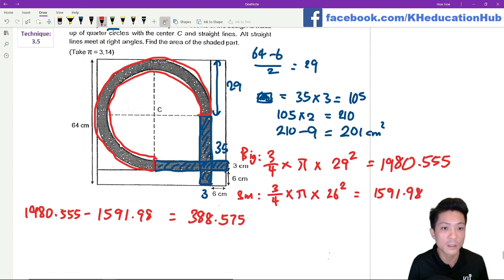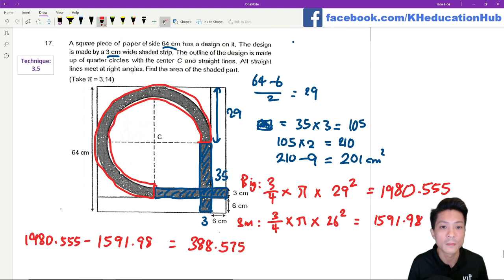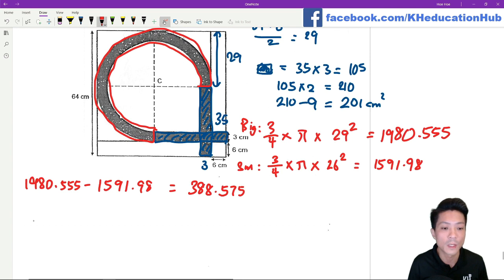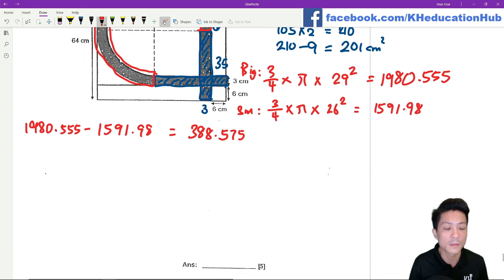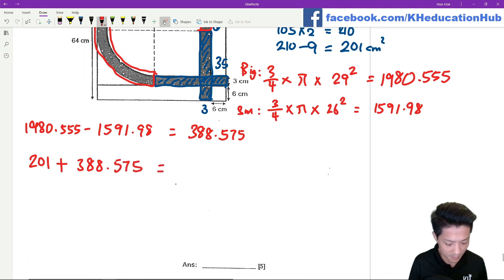So to find the area of the shaded parts, I'm going to use 201 plus 388.575. Going to give me 589.575.